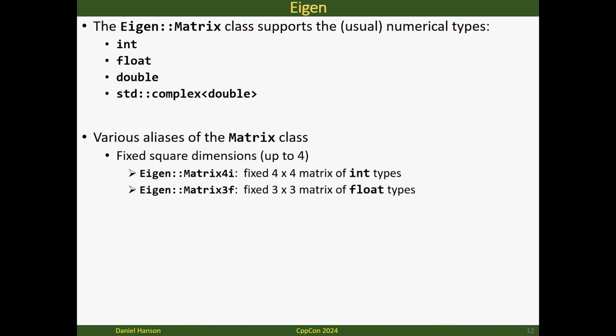Now it's a nice thing that they give you these aliases, because if you had to write all these things out with templates, and a lot of template arguments, it's going to get really messy in a hurry.